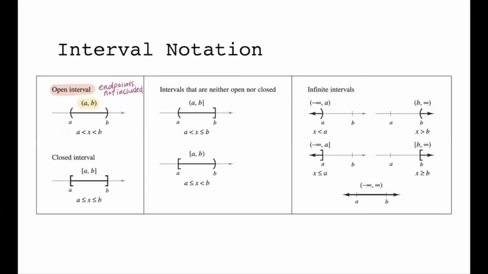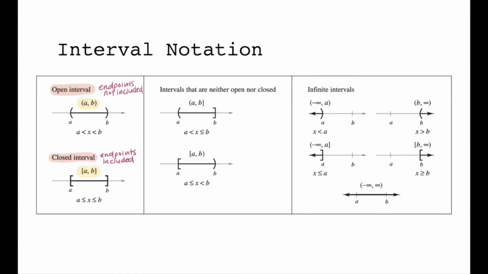If we do want to throw in the endpoints, A and B, then this is what we call a closed interval. So this is when the endpoints are included. We're just kind of closing off the interval when we do that. So numbers between A and B, we still put the starting number here in interval notation, A, and the ending number here, B. And then instead of parentheses, we put a bracket.